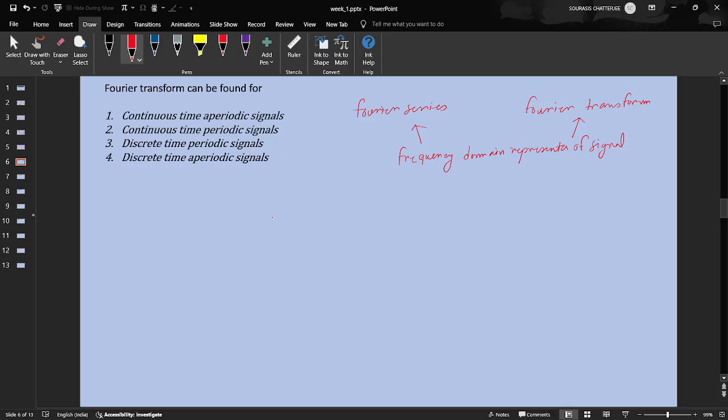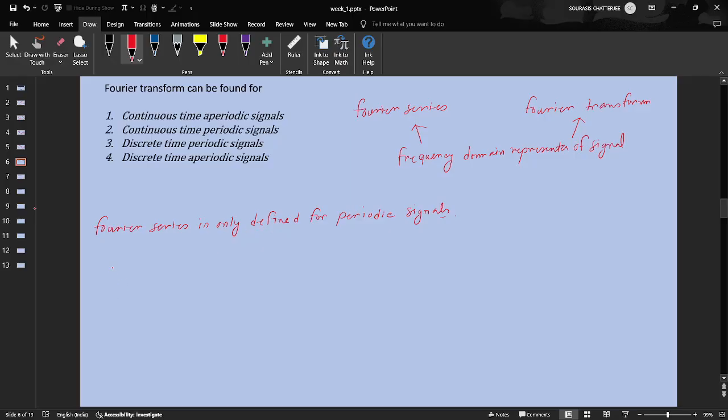So why do we really care about them? Let's talk about Fourier series first. Fourier series is only defined for periodic signals.